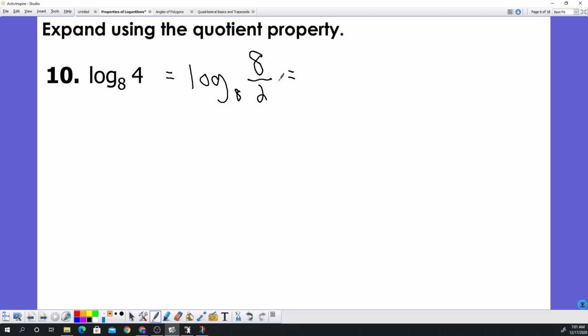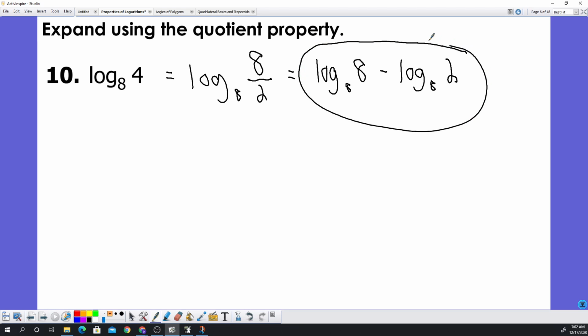And then we can expand, and we would have log base 8 of 8 minus log base 8 of 2. So that is how we could expand that. And you could have done like 16 over 4, but that wouldn't really help you out too much, but anyway.